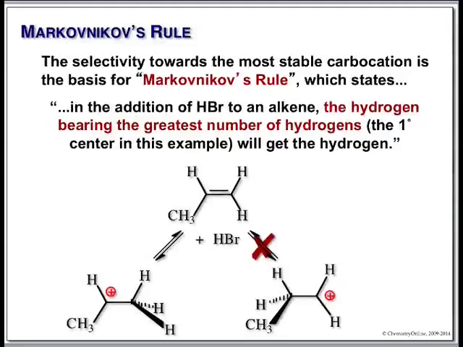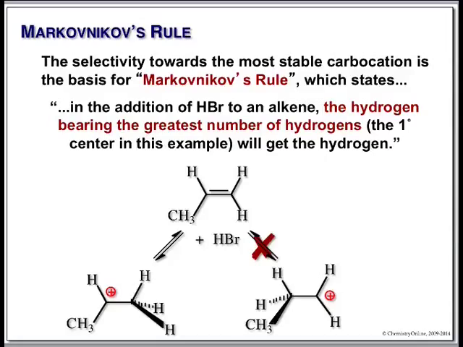Now, this is restated as "them that has gets." From here, this carbon has 2 hydrogens. Markovnikov said it will therefore get the hydrogen. This one has 1 hydrogen, and it won't.